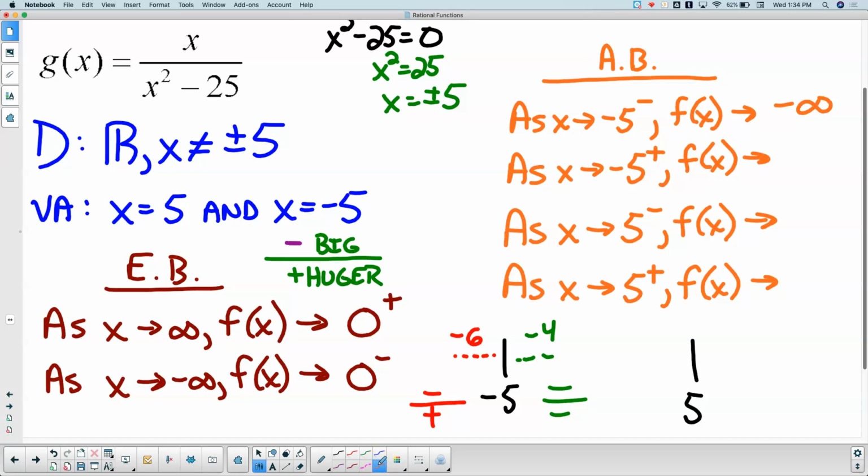Positive infinity. Left side of 5. Now I'm going to have a positive number over a negative number, right? Because it's going to be 16 minus 25. That's negative. So what's that going to go to? Negative infinity.